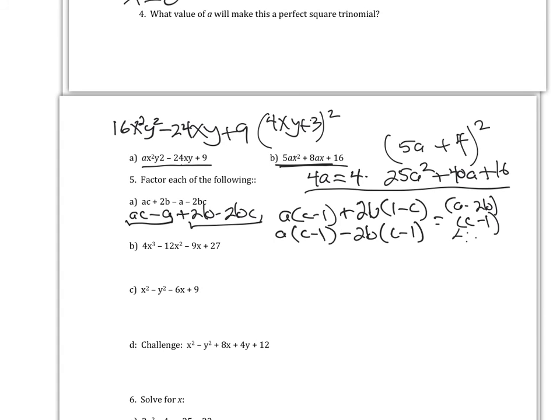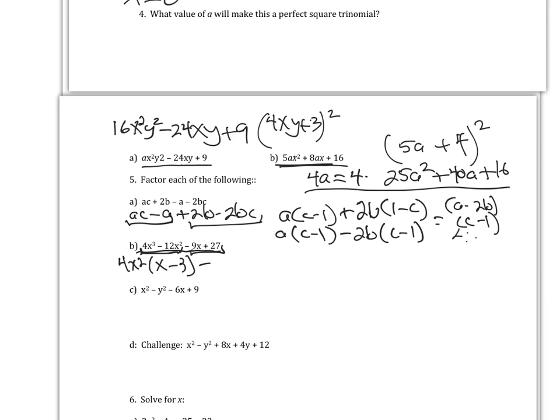Okay, next factorization, we have 4x cubed minus 12x squared minus 9x plus 27. 4 terms. It's not a perfect square trinomial. We don't see one in there, so we're going to factor by grouping, which is going to give us, pulling out of the first 2 terms, 4x squared, which is going to leave us x minus 3.